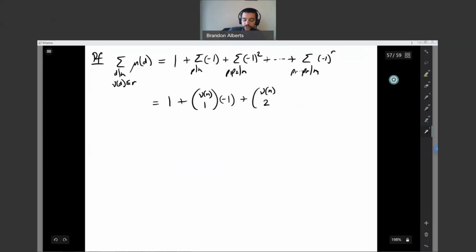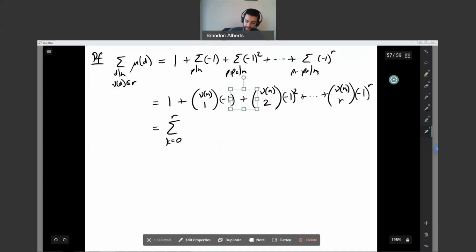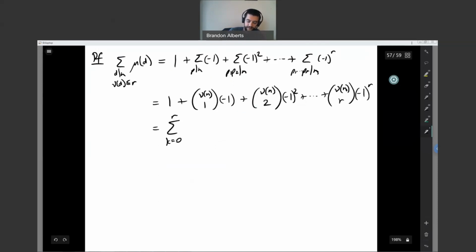The next term is choosing 2 primes out of the total number of primes dividing n. And so on, where now, instead of going all the way up to choosing all the primes, we stop at r. This is the sum from k equals 0 to r of the number of primes dividing n, choose k, times -1 to the k.